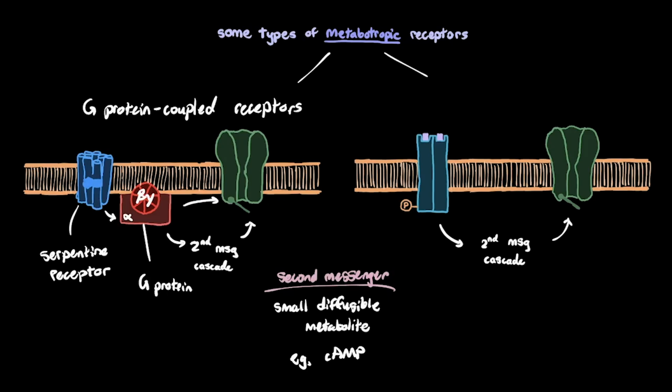And there are a whole bunch of other examples of second messengers, but these are produced by metabotropic receptor cascades. So in this case of cAMP, the G protein coupled receptor activates the alpha subunit, which then activates a different enzyme that produces cAMP. And then cAMP can go on to activate another protein or enzyme that can phosphorylate its own target proteins.